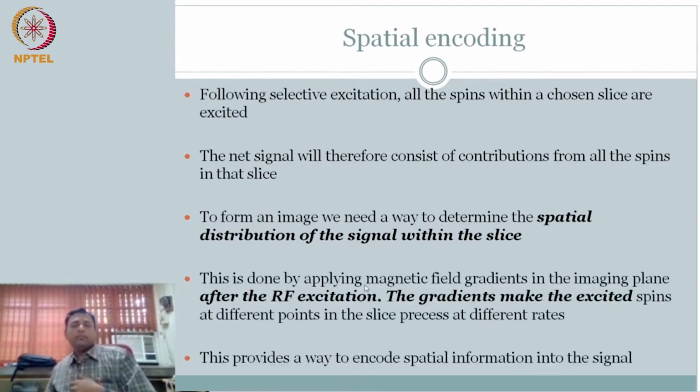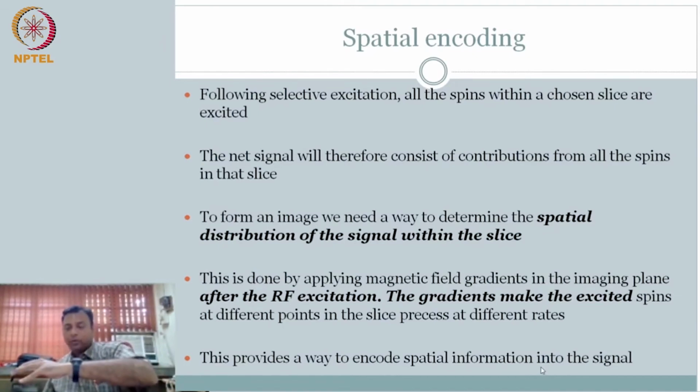We'll again do the same. We have the gradients in the two other directions, right? The x and y. This is the imaging plane xy. So what we will do is, after you apply the excitation, the RF selection, at that time we applied only gradient z; Gx and Gy were 0. Now we will make Gz 0. So you have selected the slice, that is what is giving signal.